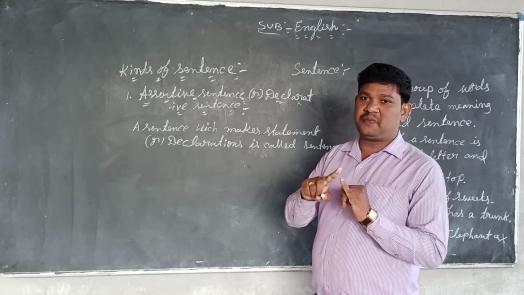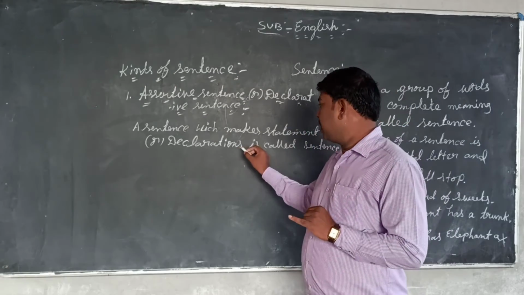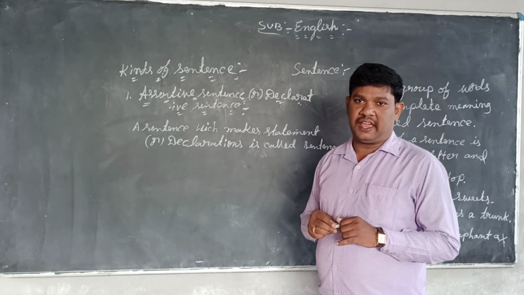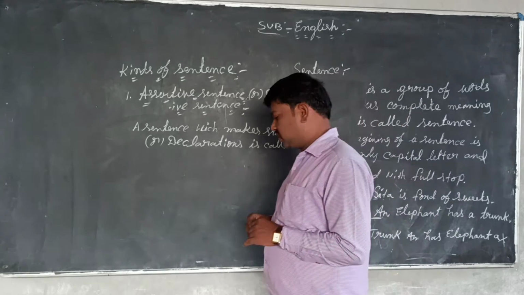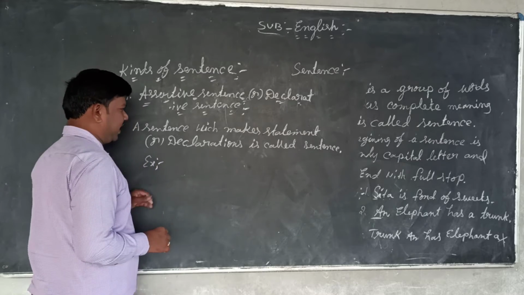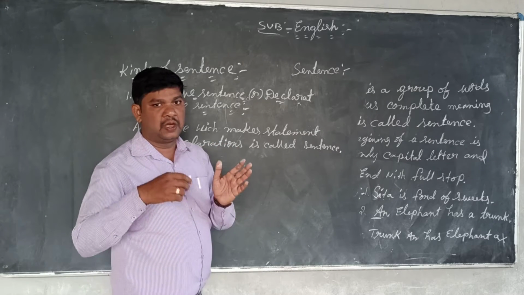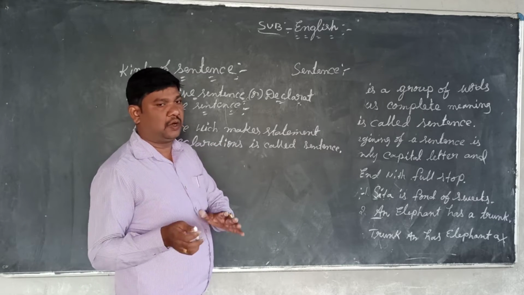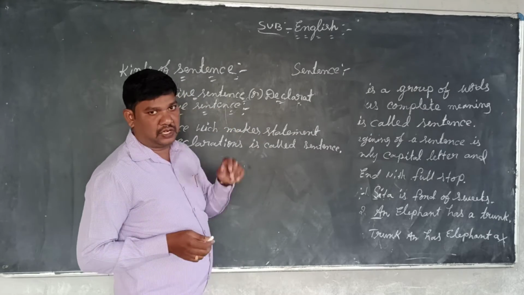A sentence which makes a statement or declaration is called an assertive sentence. A sentence which tells, denotes, or states. Statement means a positive statement, maybe a negative statement; whatever it is, it comes under the assertive sentence.